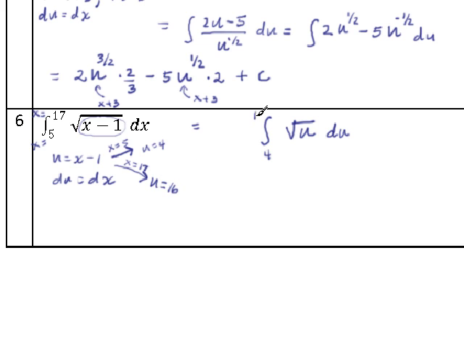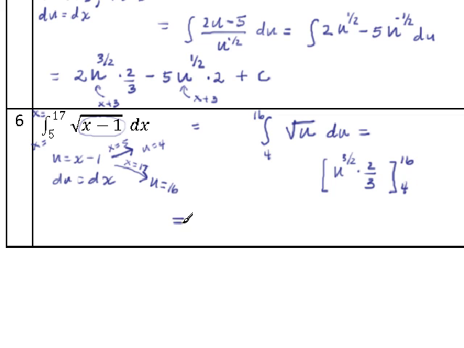So that'll be a 16 over here. All right, so don't forget to change your x limits over to u limits. Now we're ready. Integrate. This is u to the 1/2. Add 1. We have u to the 3/2 times 2/3. And we're going to evaluate at 4 and 16.